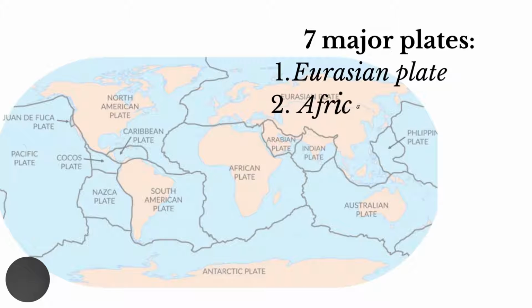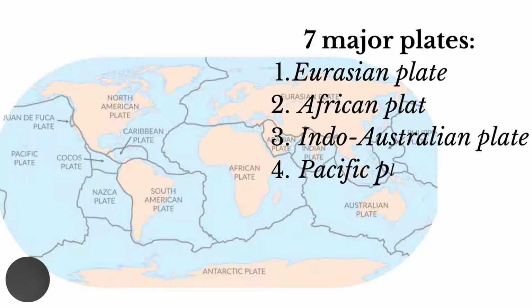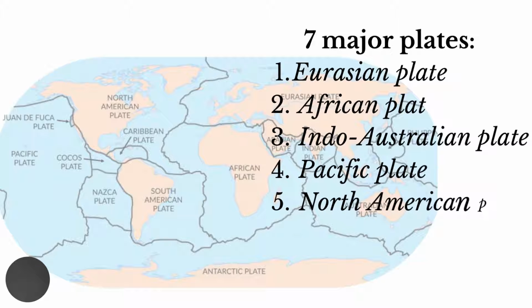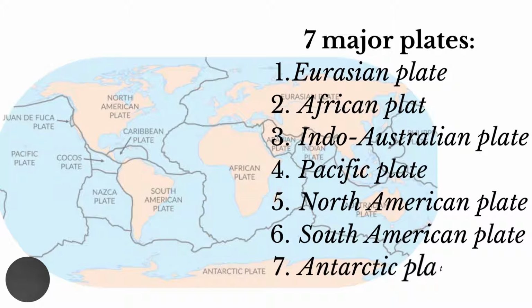Now, the lithosphere is broken into smaller segments called plates. There are 7 major plates. These include the Eurasian plate, the African plate, Indo-Australian plate, the Pacific plate, North American and South American plates, and the Antarctic plate.